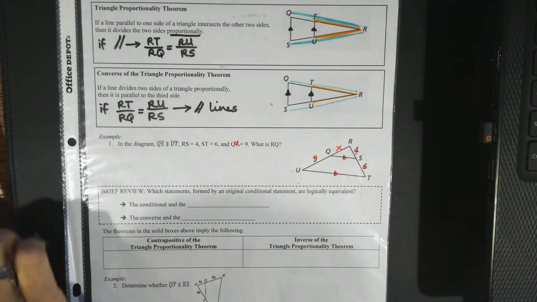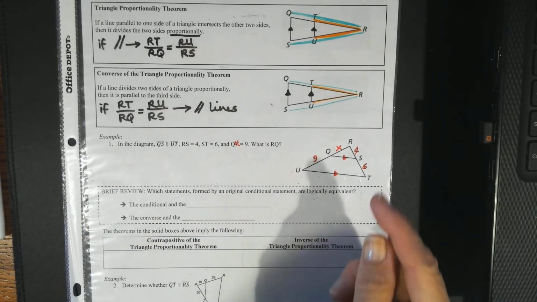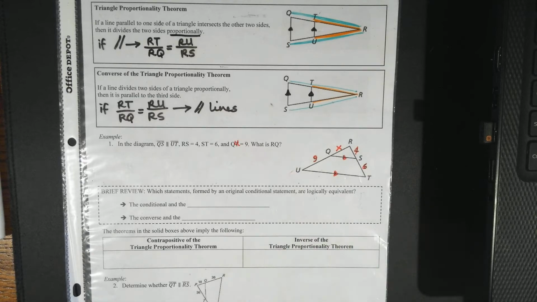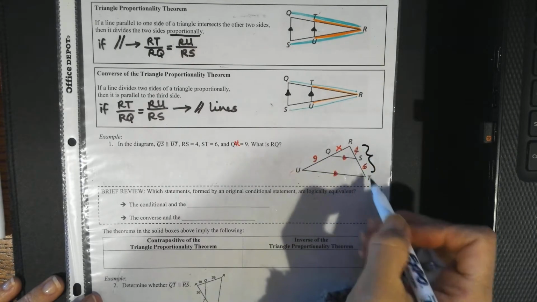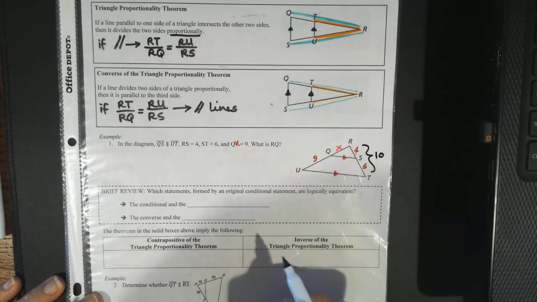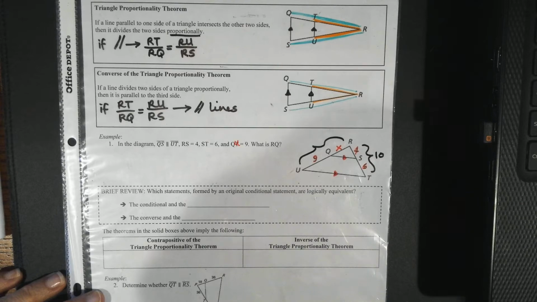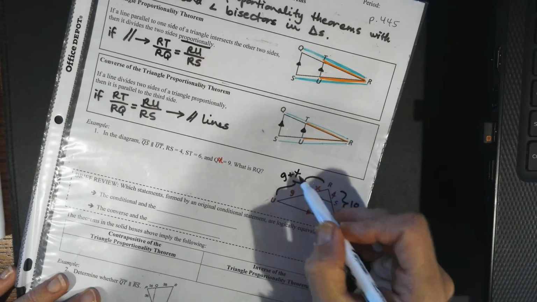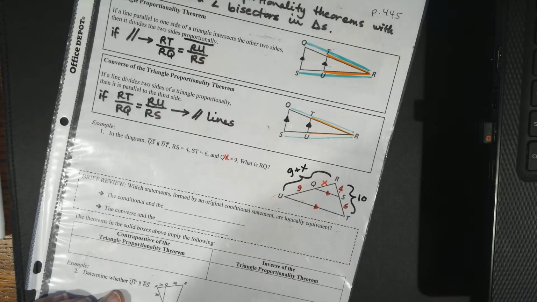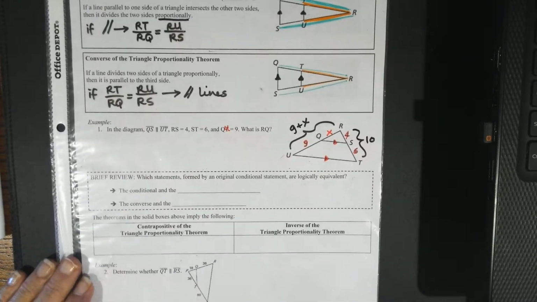Okay? So again, this same ratio holds. The small side to the long side is equal to the small side to the long side. So what you have to do is add these together. So RT is going to be 10. And RU is going to actually be 9 plus x. Okay, hopefully you can see how we added those together.